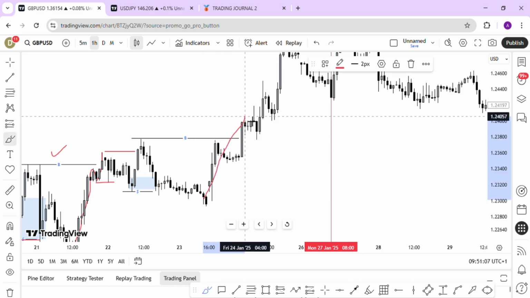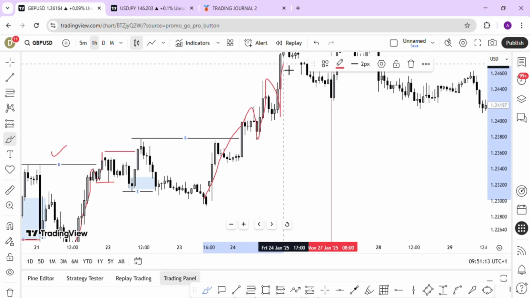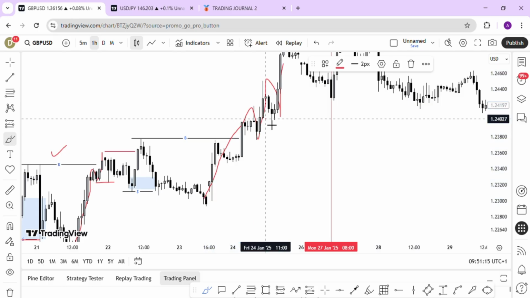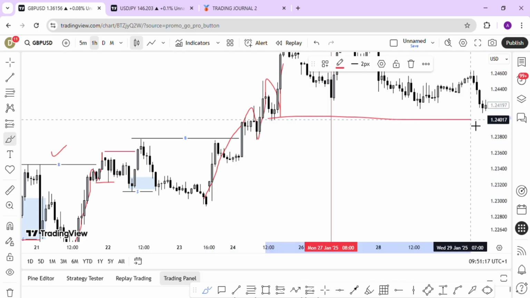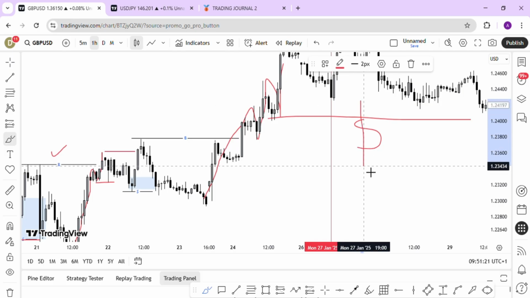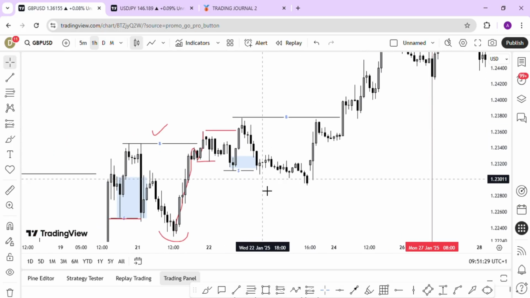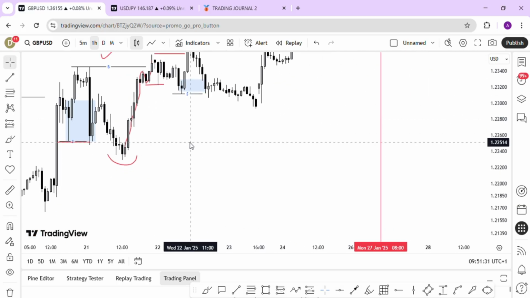So it means that the market only pushed up one leg, then pushed back. So if this market wants to continue, it means that the market must come below this level and take out this inducement before it continues to the upside. So that's just it for value pullback and for inducement. That's all you need to know about inducement.